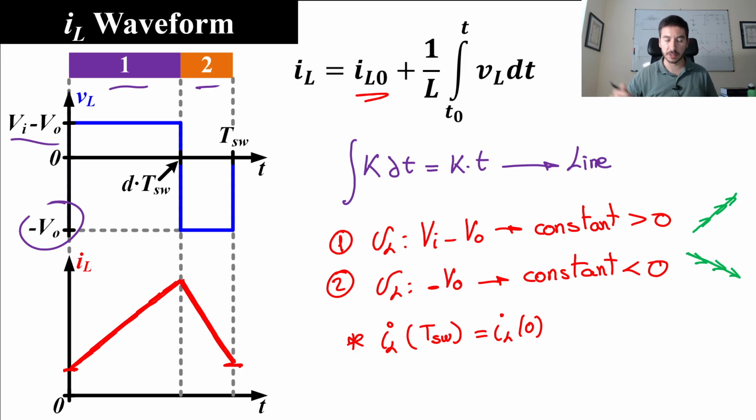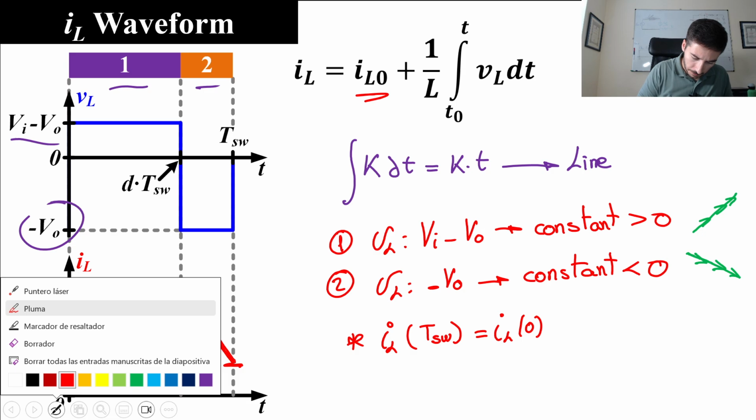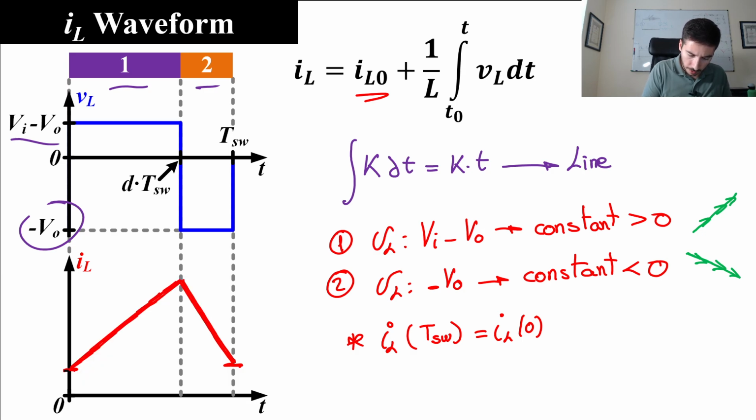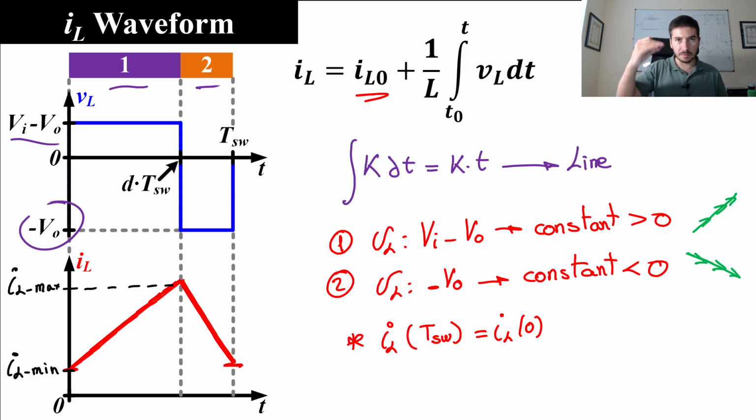Well, let's highlight some important parameters of this current waveform. I think that we should highlight the minimum current through the inductor. We should highlight the maximum current through the inductor. And in the middle, we have the average value. Okay, we already know that the average value is the output current. And another thing that I want to highlight is the peak-to-peak current ripple.